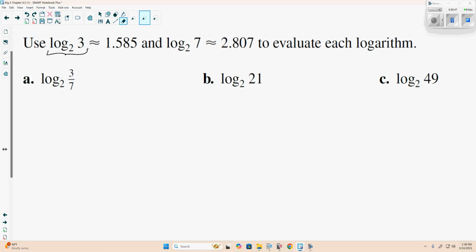Because it wouldn't make sense, because if I did 3/7, I would have to do all of our sevens. But according to our quotient property, log base 2 of 3/7, because we have something being divided inside the log, is the same as log base 2 of 3 minus log base 2 of 7.